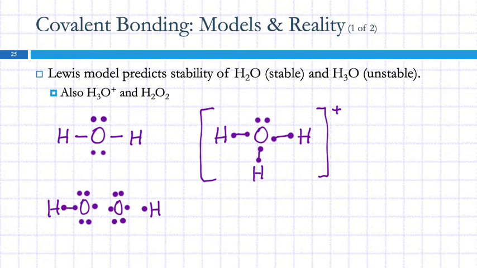So the hydrogen can share with one of the oxygens, and then that oxygen can share with another oxygen. And that other oxygen can also share with a hydrogen. And they can get octets for the oxygens and duets for the hydrogens. And hydrogen peroxide exists. Any questions?